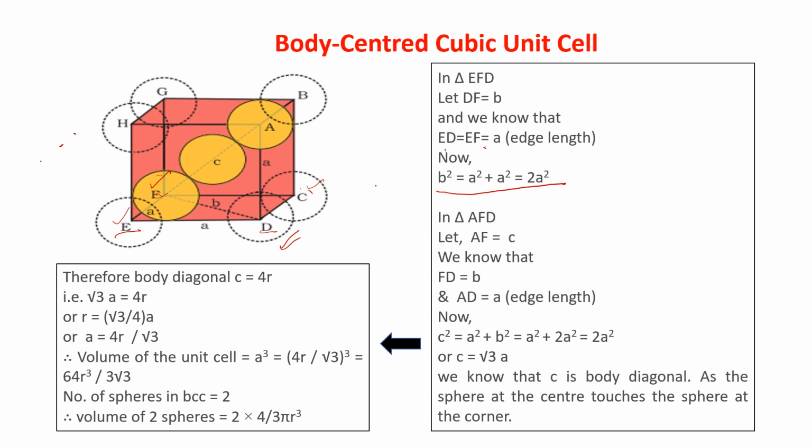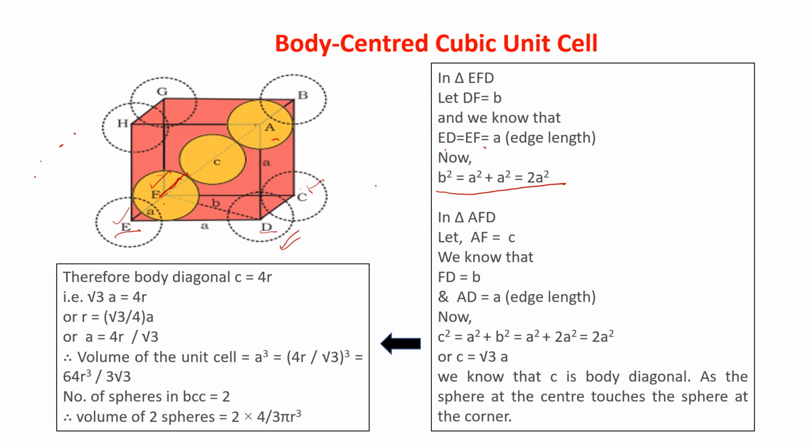Now see triangle AFD. AF is what? If the radius of the atom is r, then from here to here it is r, and from here to here it is r.